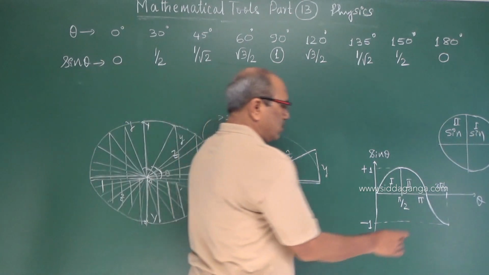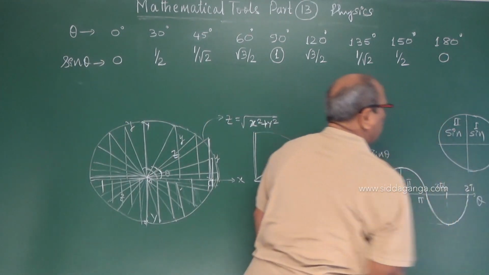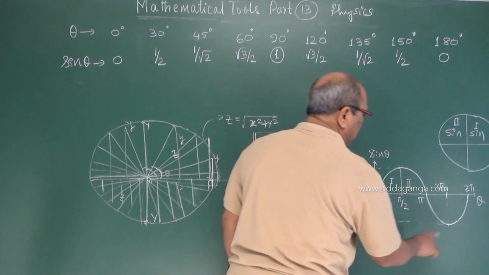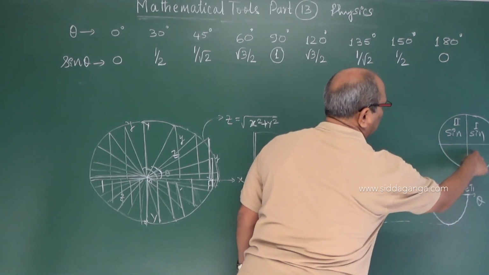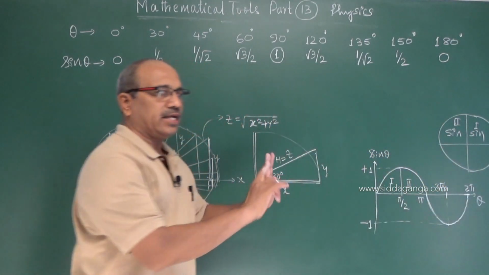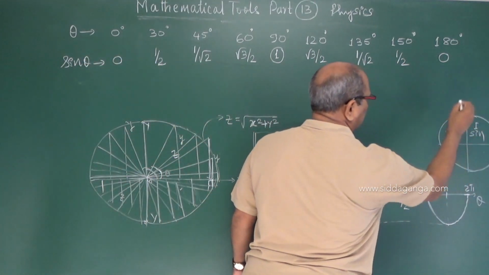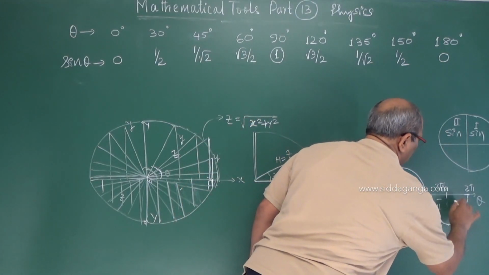That means 360 degrees is reached, 2 pi. One cycle is completed, but you are on the negative axis. In the third quadrant and fourth quadrant, sine is found to be negative. It is negative here and only positive here. This is the third quadrant and this is the fourth quadrant.